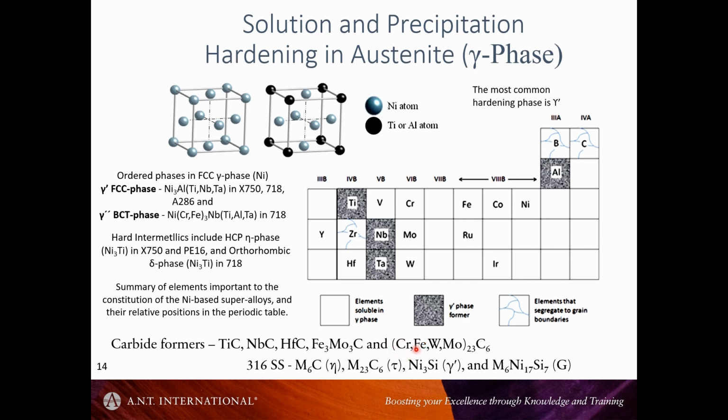So if you have chrome added to your alloy for good corrosion properties, but your heat treatment schedule is such that you deplete the chrome because it forms carbides close to the grain boundary, you'll get a depletion of chrome, and that's not good news, because then you're inviting intergranular attack or heightened oxidation, particularly along the boundaries. It's localized at that point.